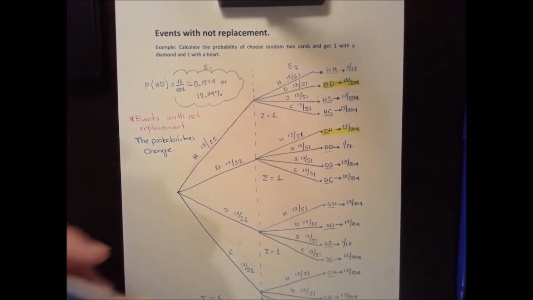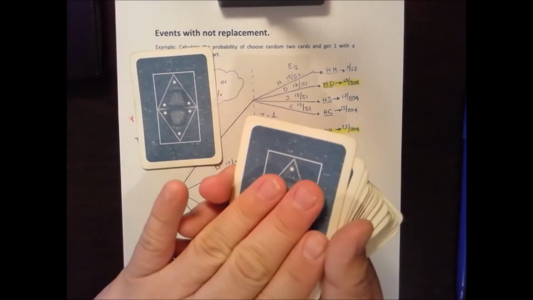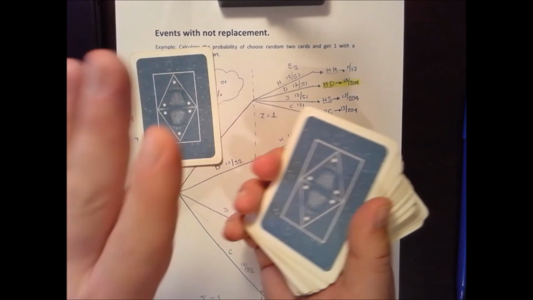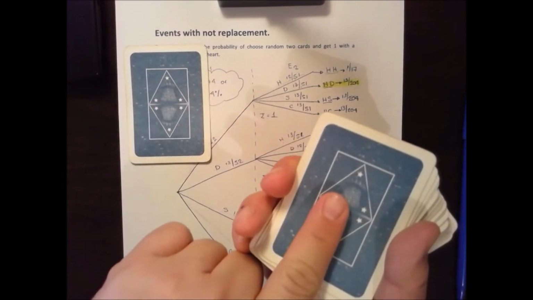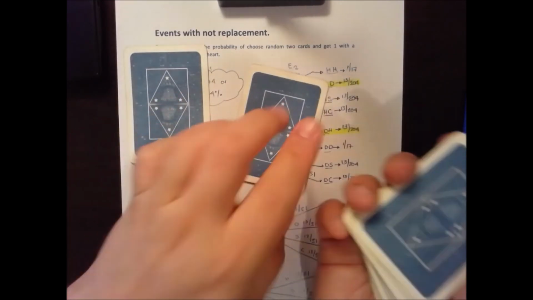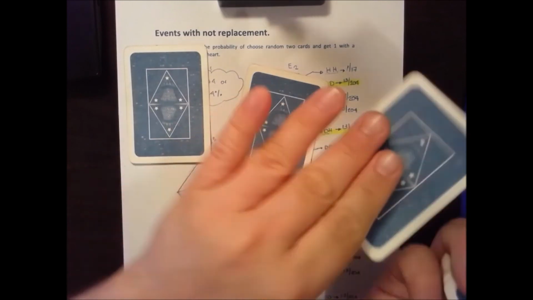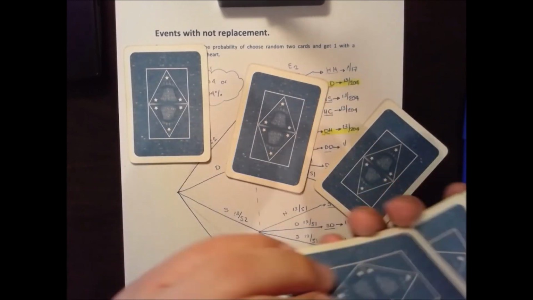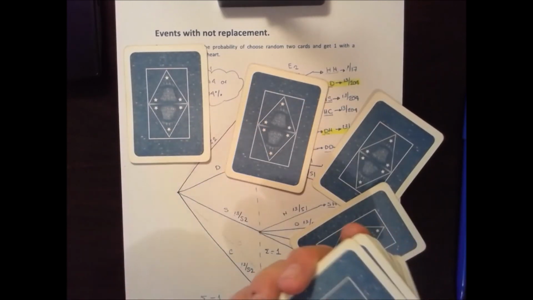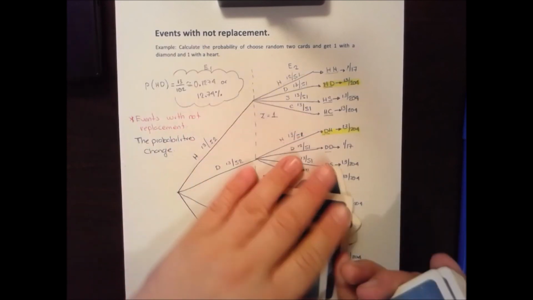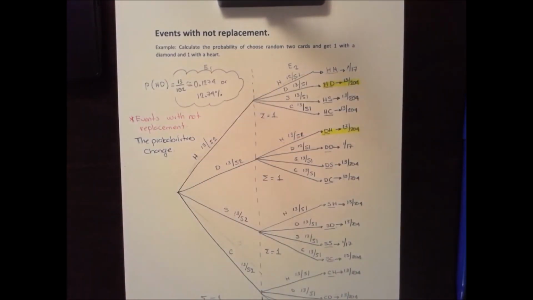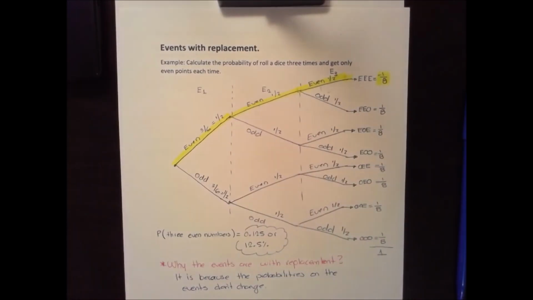Okay, first event, I have 52 cards. For the second event, I have 51. For the third event, I have 50. For the fourth event, I have 49, and so on. This is the difference between events with no replacement and events with replacement.